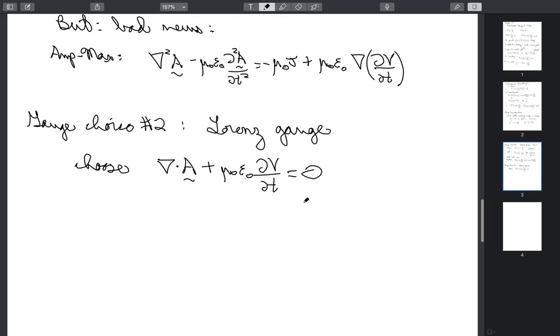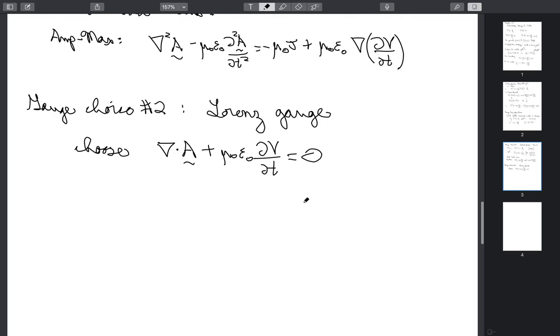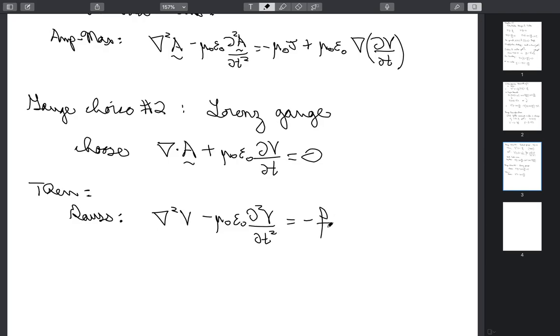And in that case, things start looking quite aesthetic. Because if I look at what happens to Gauss's law, then I already had what we had above: mu 0 epsilon 0 d2V dt2 is equal to minus rho over epsilon 0.